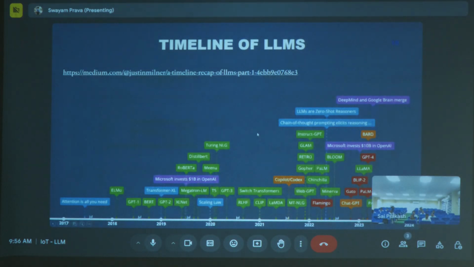Now that we looked at the pros and cons of LLMs, let me actually show you how LLMs have evolved over the years. This timeline highlights the key milestones that have shaped the development of these powerful systems. We start in 2017 with a groundbreaking paper, which is Attention Is All You Need.